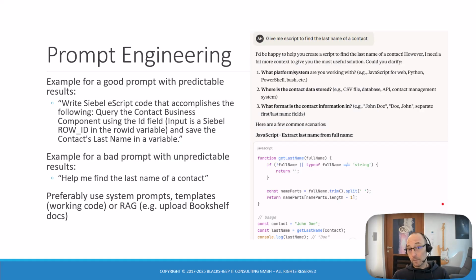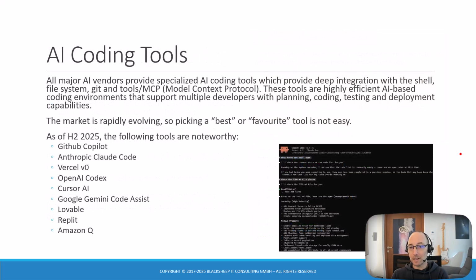So yeah, prompt engineering 101. The better your prompt, the better the output. And some models are better suited for, well, Siebel eScript than others. So Grok did not really know Siebel eScript probably. So I've been using three different vendors now, and those are among the major AI vendors.